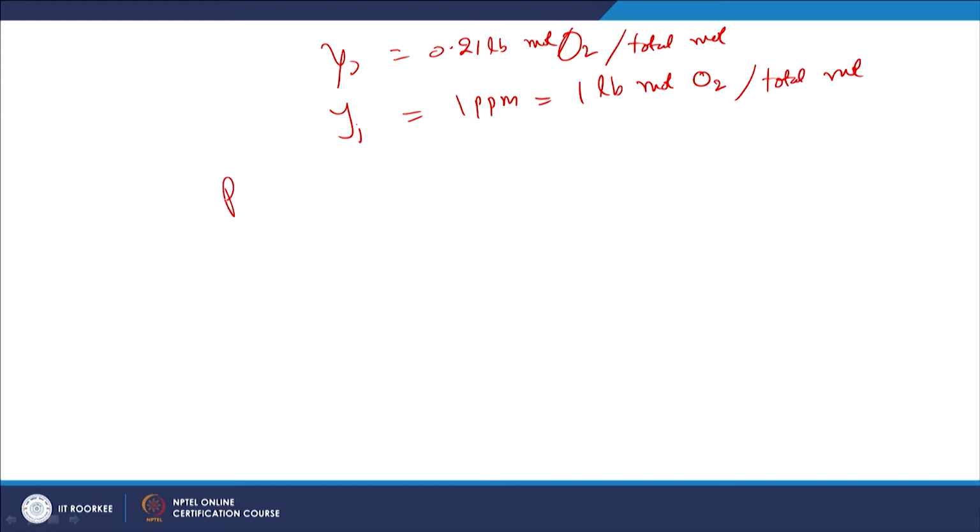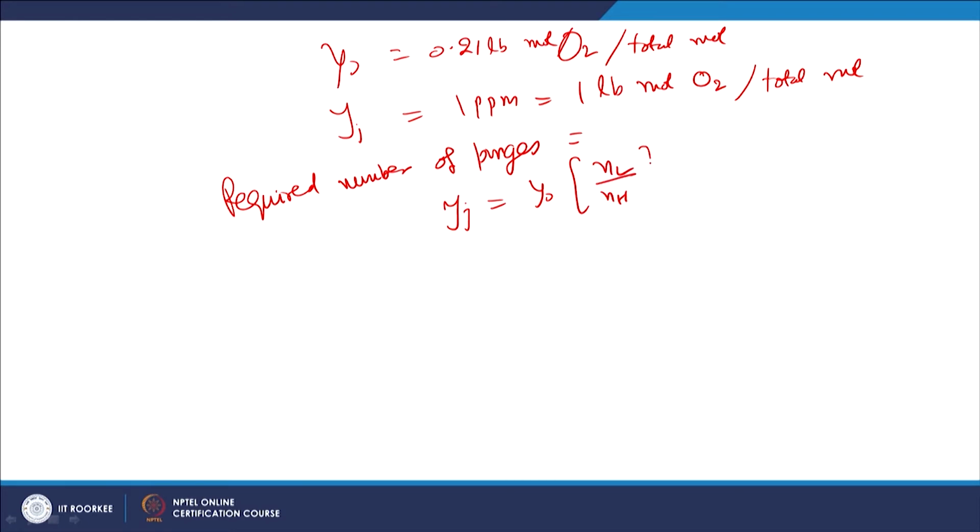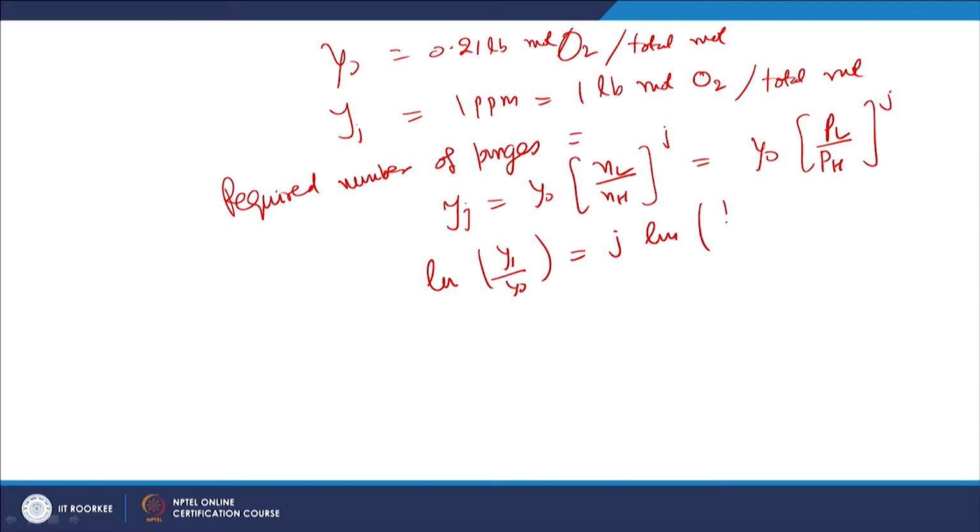So, the required number of purges: Yj is equal to Y naught NL upon NH to the power j, which is equal to Y naught PL upon PH to the power j.